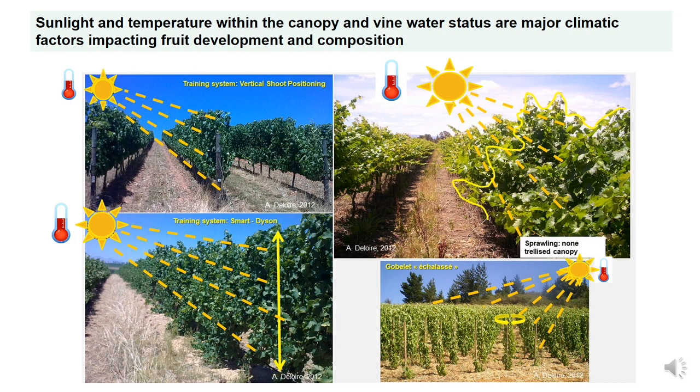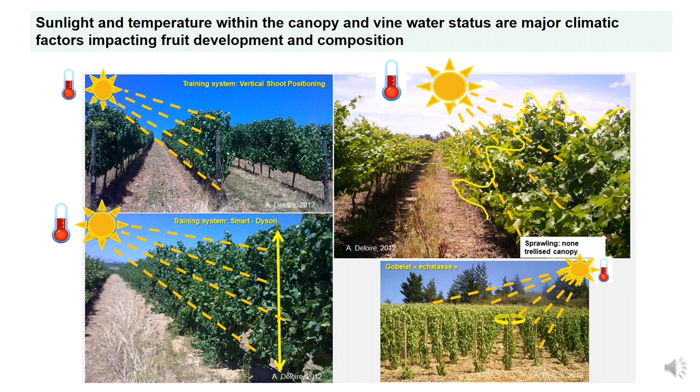As examples, here you have what we call the vertical shoot positioning on the left-hand side, below the training system called Smart-Dyson, and on the right-hand side you have a sprawling training system, which is not trellised, and a gobelet trellised.